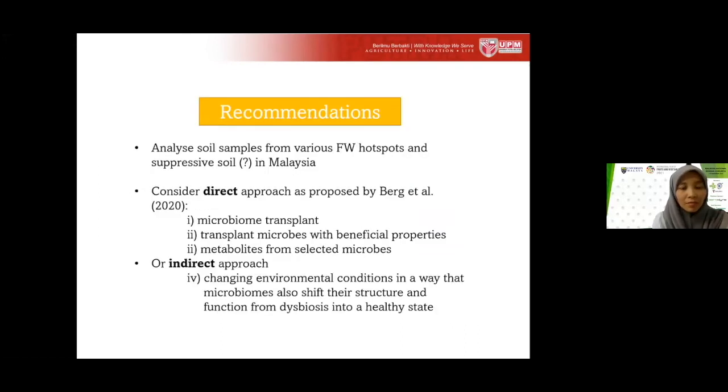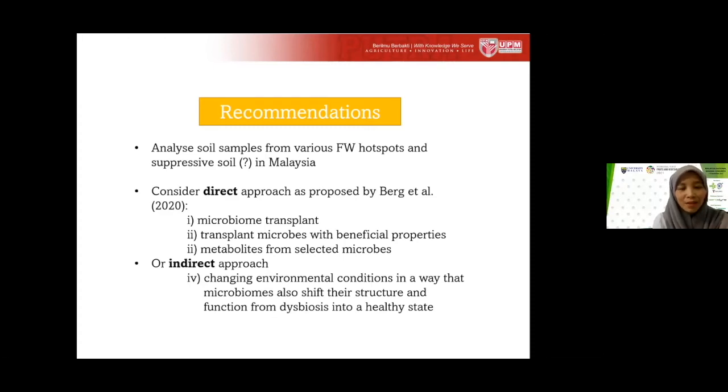So as for the recommendation, I think since Paul also mentioned just now that findings from one field may not necessarily represent the findings from other fields, I am interested to analyze soil samples from various wilt hotspots and maybe suppressive soil, which I don't know if we have any in Malaysia.